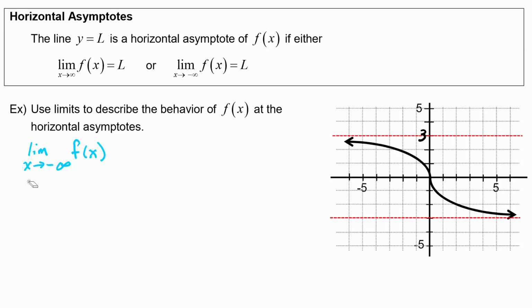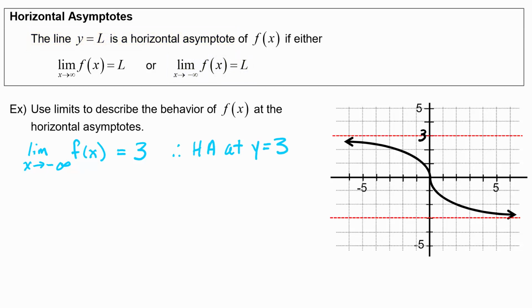So that means the limit as x goes to negative infinity of f of x is equal to 3. Because we had a limit at negative infinity of the function equaling a real number, that means there is a horizontal asymptote at y equals 3.